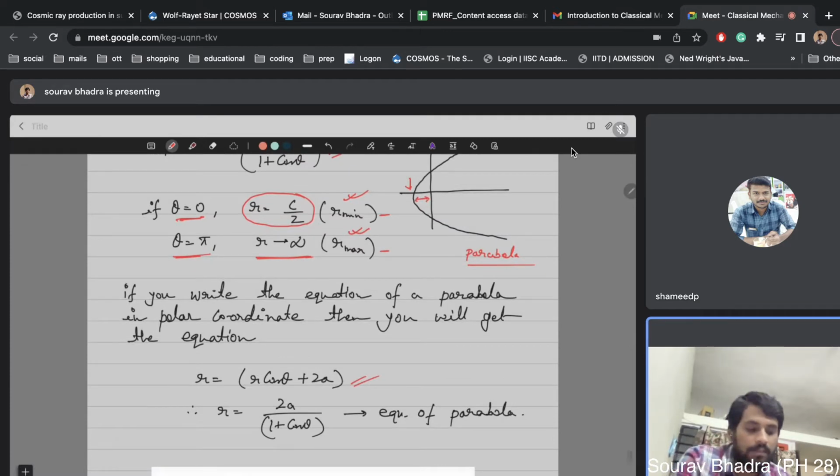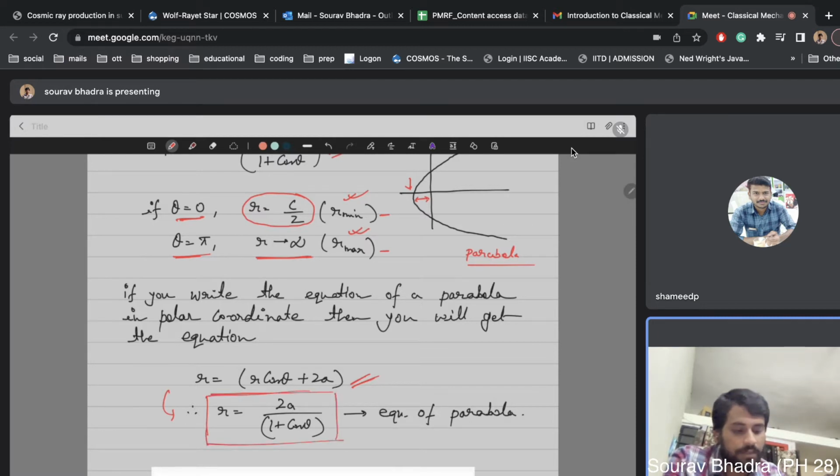So I will ask you to go to that video where sir has calculated different types of conic sections in polar coordinates. Just follow that procedure and you will find the equation for a parabola. If you write R from this equation, it is R equals to 2a by 1 plus cos theta.